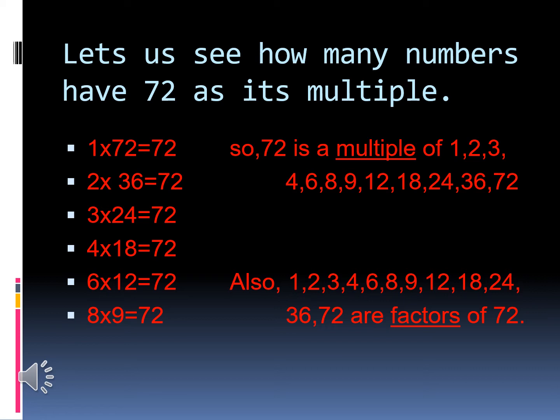If you see the third example, the multiplier is 3 and the multiplicand is 24. How is it divisible by 3? Because the sum of the digits of 72, that is 7 plus 2, is 9. So it is divisible by 3. So 3 into 24 is equal to 72.